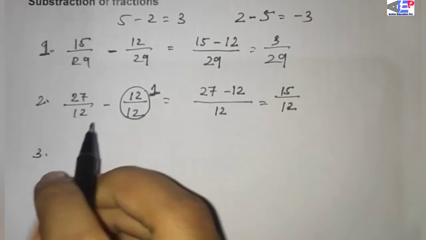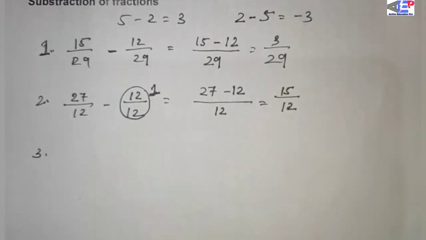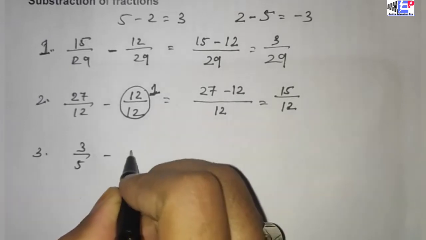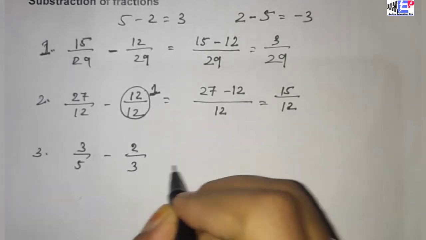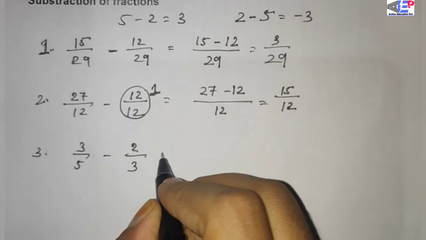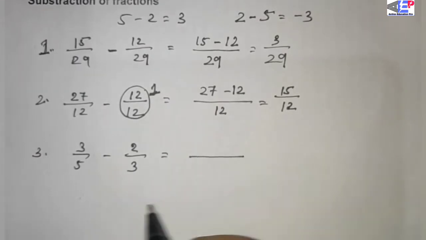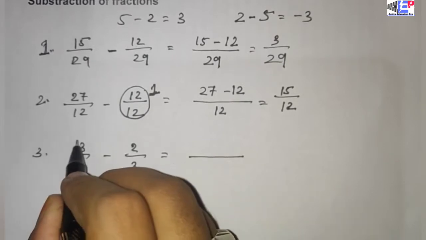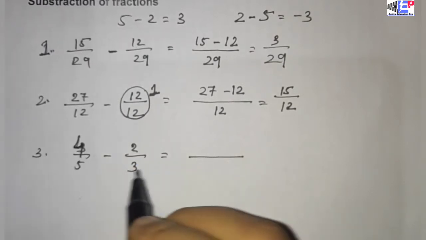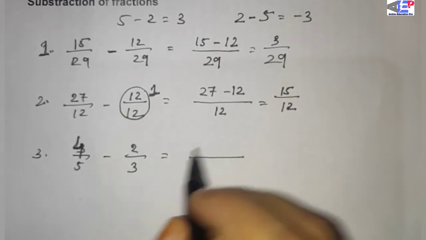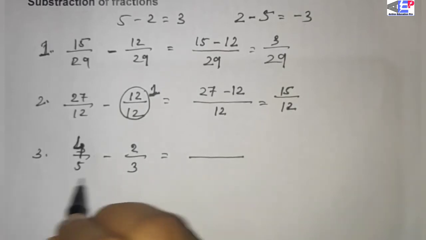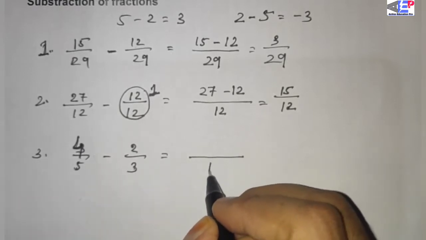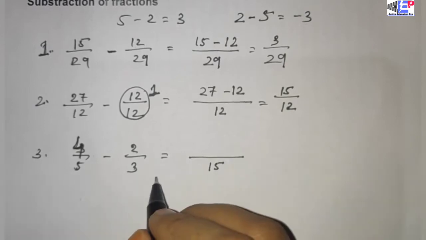Question number 3. First read about subtraction of unlike fractions. Suppose this is 4 by 5 minus 2 by 3. Both have different denominators, so take the LCM of 5 and 3, which is 15.